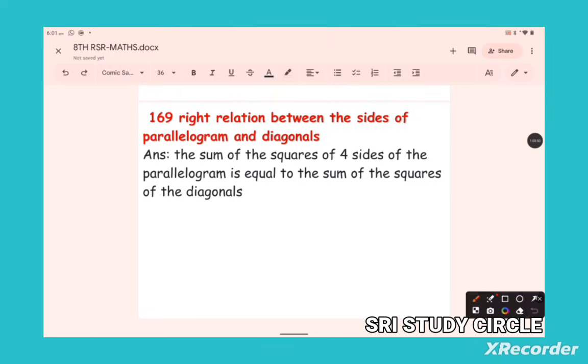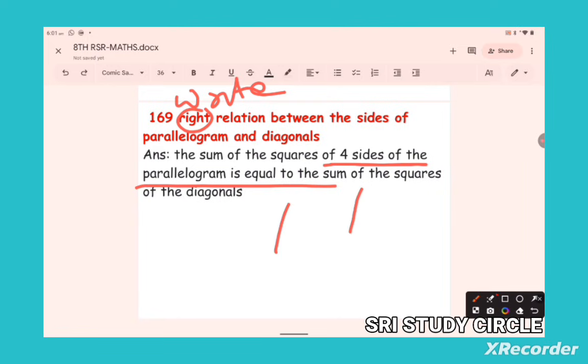Write the relation between the sides of a parallelogram and its diagonals. The sum of the squares of the four sides of a parallelogram is equal to the sum of the squares of the diagonals. This is a parallelogram ABCD.